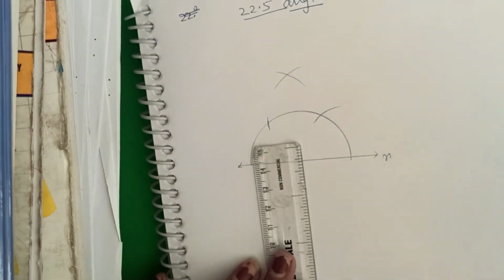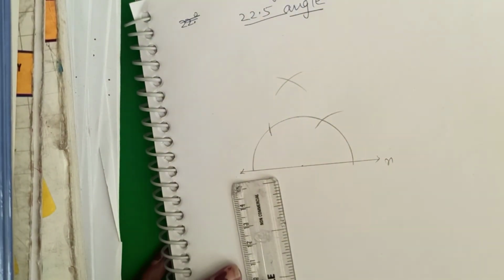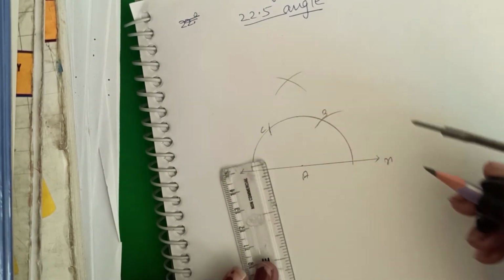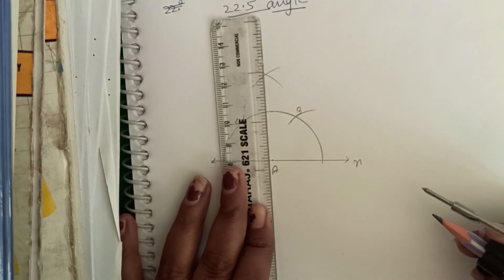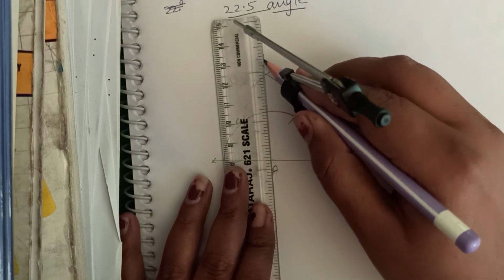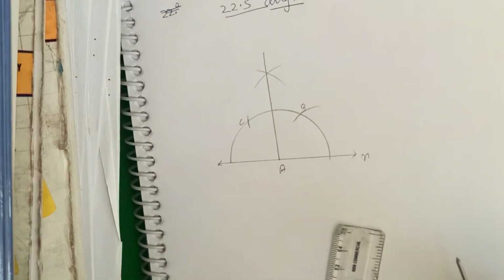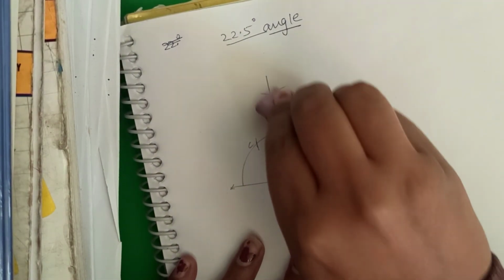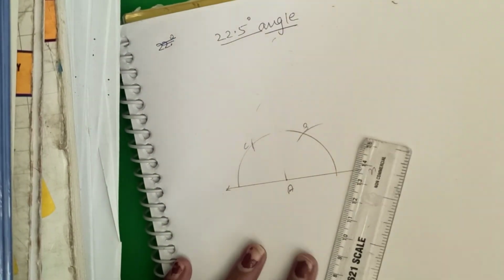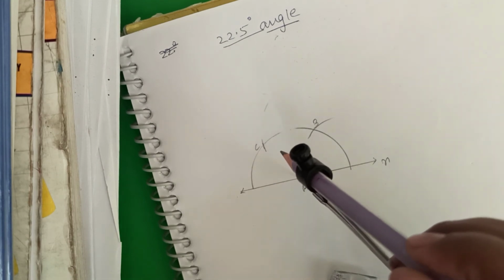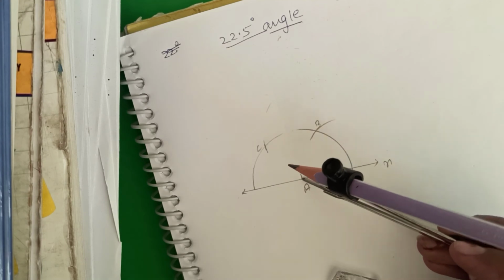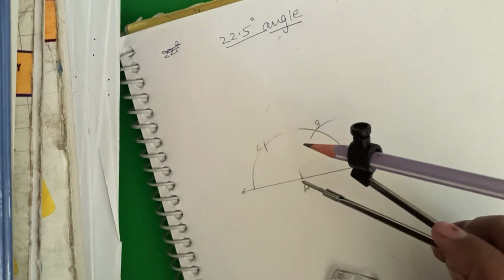Now join it. Give any name, A, B, C. I only need the required 90 degree, so I will make it. Clear? Sorry, here it joins wrong. See, as I have not disturbed the compass, so easily I can draw with this.